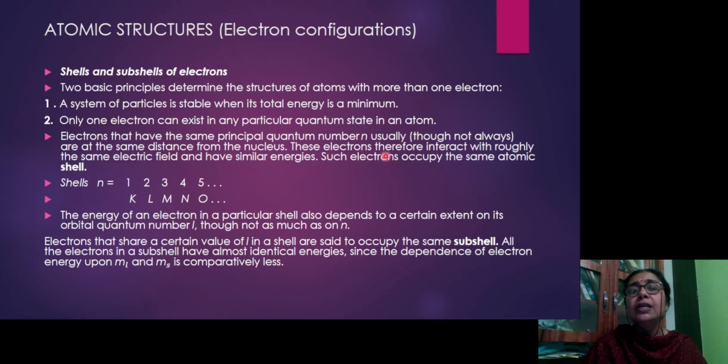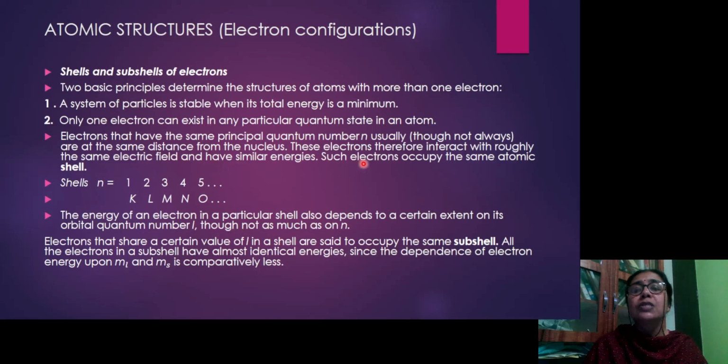And these electrons will therefore experience almost similar force, that is almost similar interaction with the nucleus as well as with the other electrons. So we can say that they have similar experience of the electric field, and so they will have similar energies.